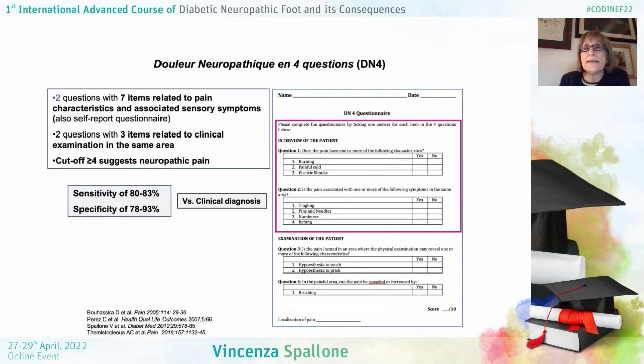But how can we identify neuropathic pain? Using the so-called screening tools, DN4, that include a first question on the characteristic of pain, a second question on other neuropathic symptoms, and the third and fourth questions for the doctor and for an examination in the same area as pain.